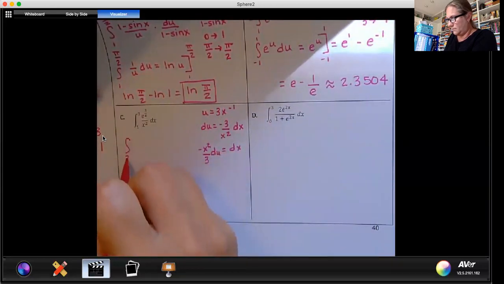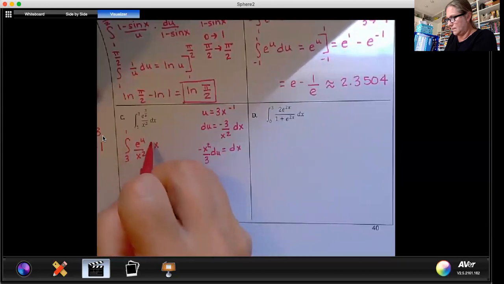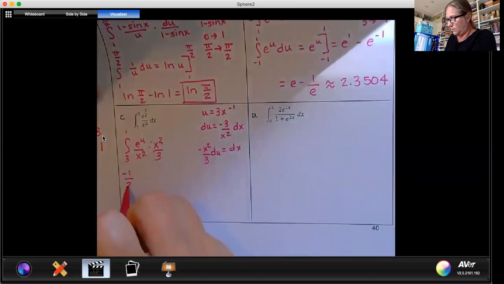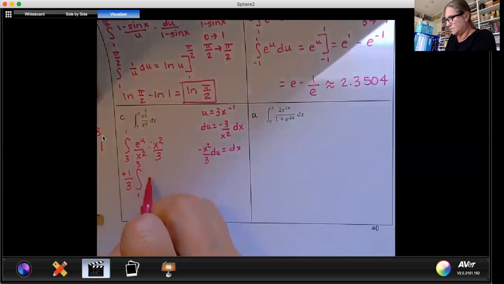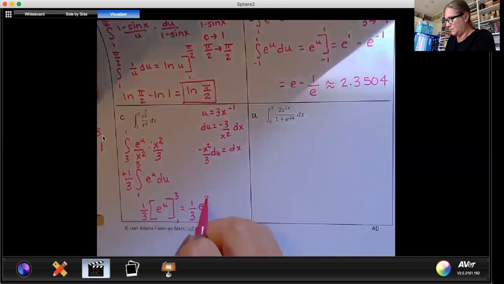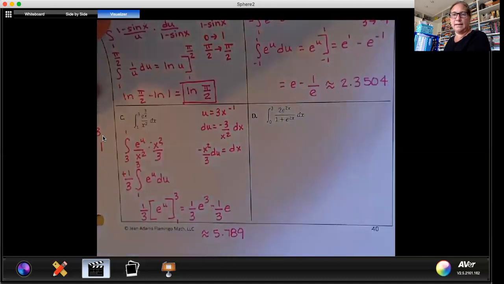So your bounds from 3 to 1, e to the u over x squared times negative x squared over 3. Negative 1/3 comes out, but becomes positive when you change your bounds. So that's 1/3 e to the u from 1 to 3 is 1/3 e to the third minus 1/3 e, which is approximately 5.789.